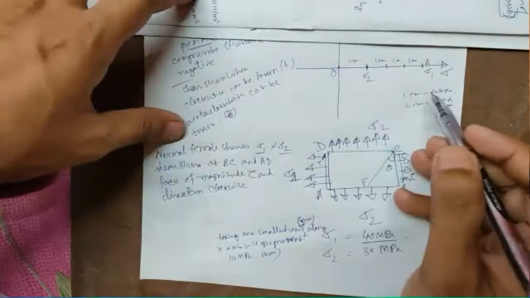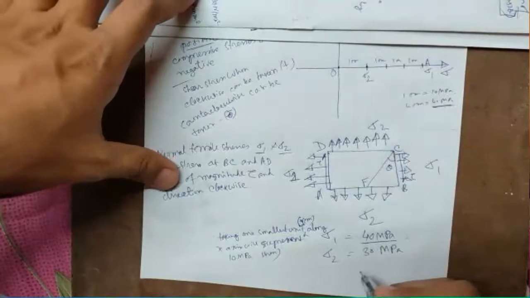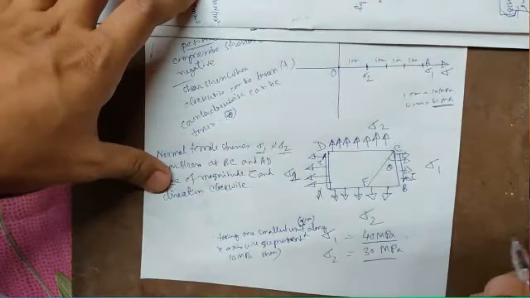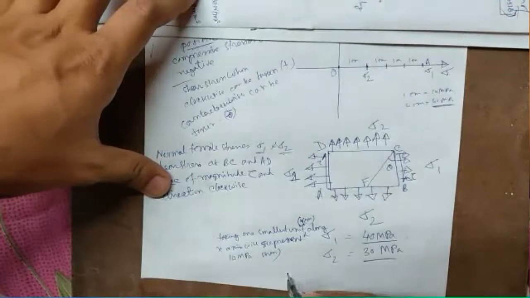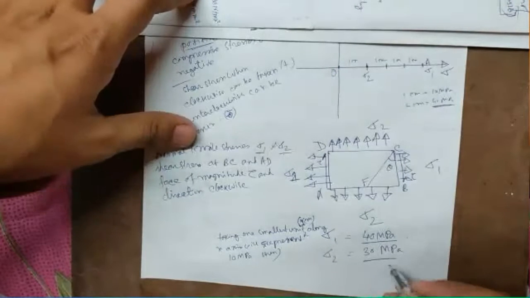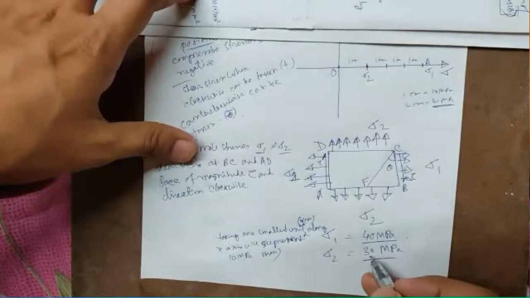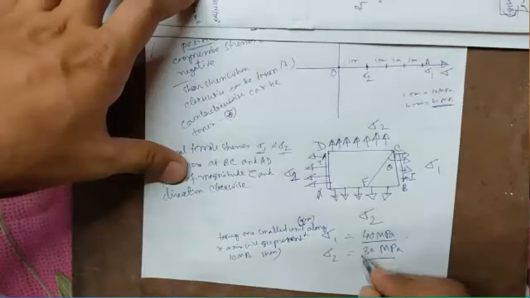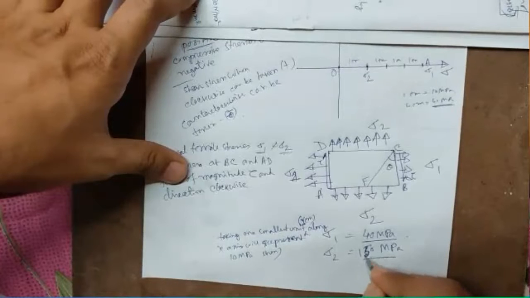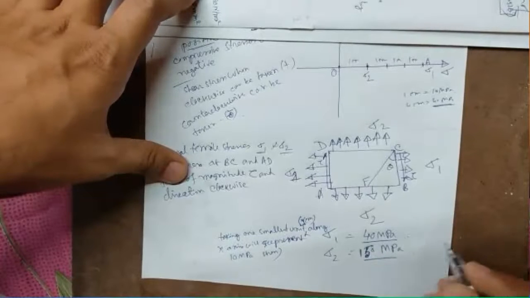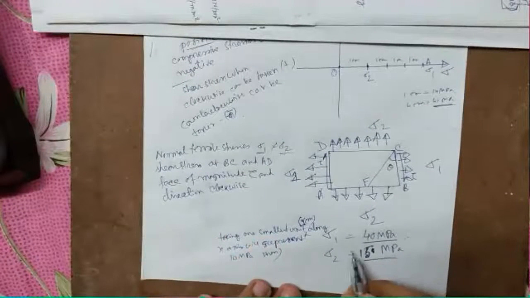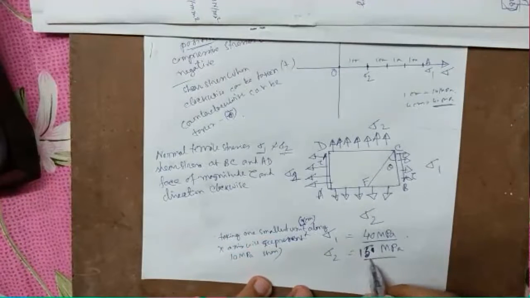Now, if sigma 2 is 30 MPa, that will become very small here. So we will take, let's say, 15 MPa. For our easiness, we are changing the problem as sigma 1 value 40, sigma 2 value 15.